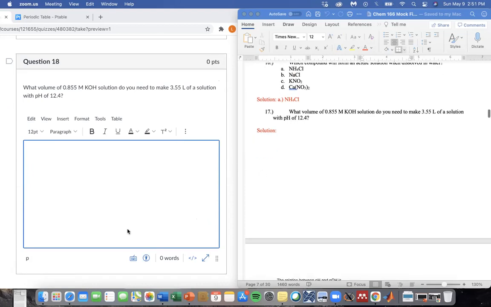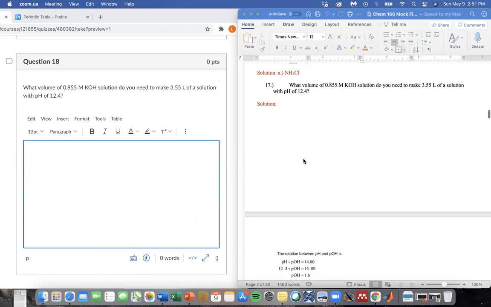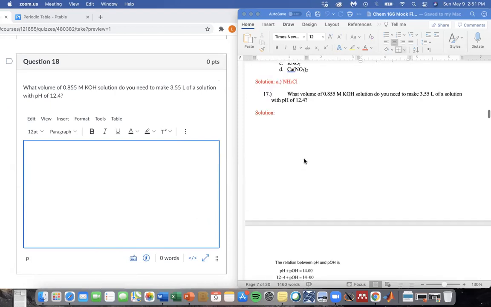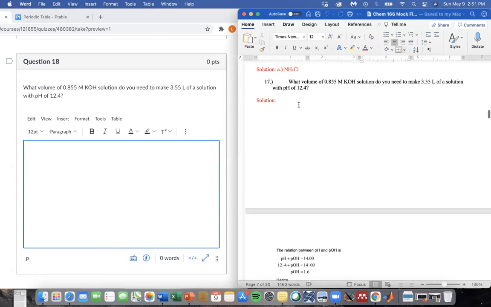So then we have, what volume of 0.855 molar KOH solution do you need to make 3.55 liters of a solution with a pH of 12.4? The first thing you have to consider here is that it's asking for pH, but KOH is a strong base.